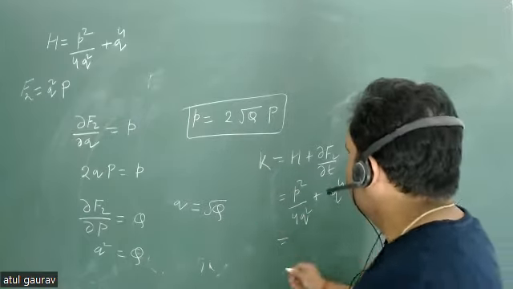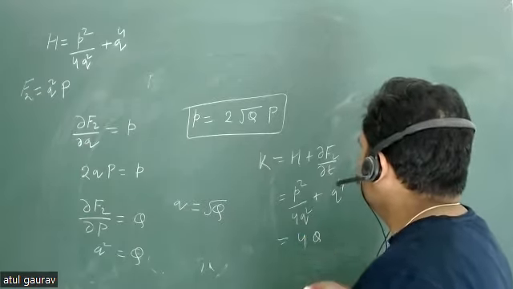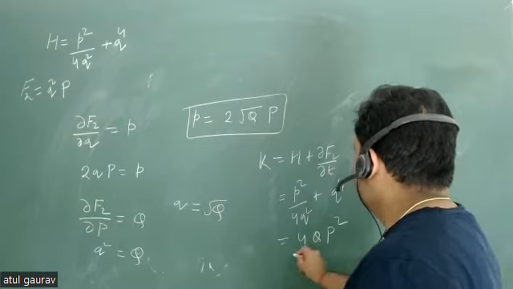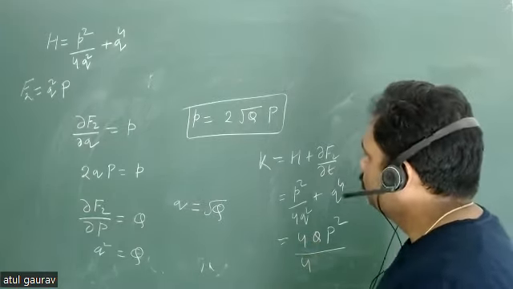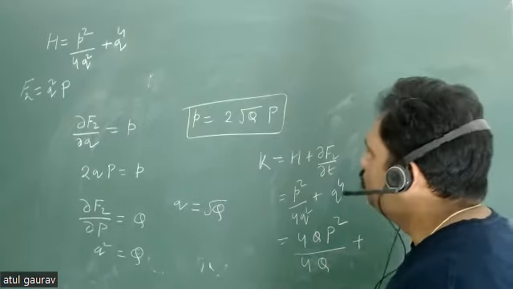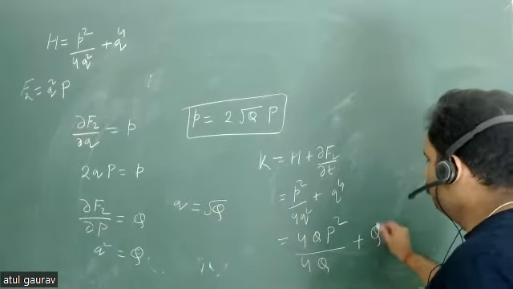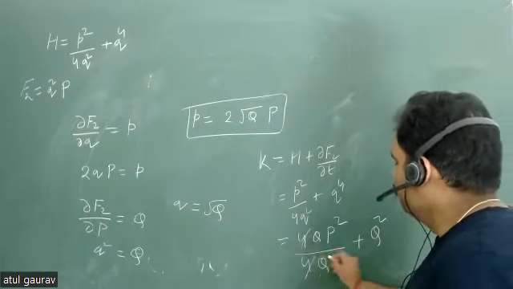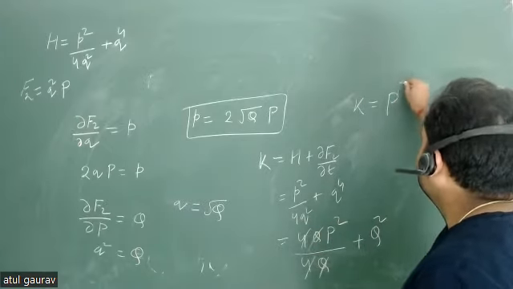When you put p square, you are getting 4Q P square by 4. What is your q square? q square is Q, plus what is q to the power 4? Q square. This 4 and 4 is cancelled. Now look at, wow.